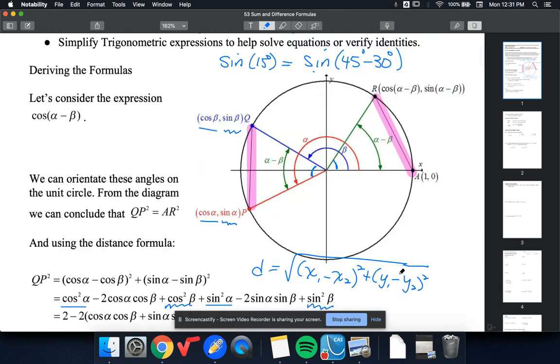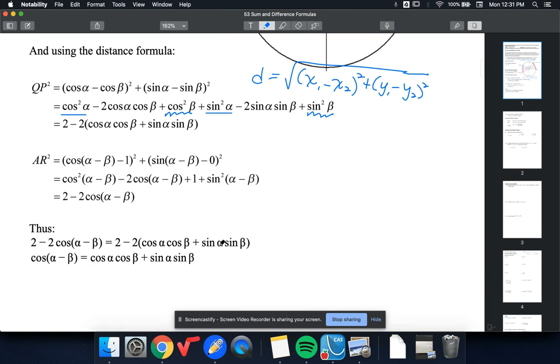The difference between my y values is sine of alpha minus beta, whereas the difference between the x values was cos of alpha minus beta minus 1. Squaring this, I get sine squared of alpha minus beta. Again, this plus this is 1, plus 1 is 2, and then minus 2 cos of alpha minus beta.